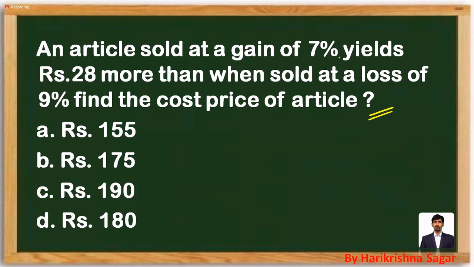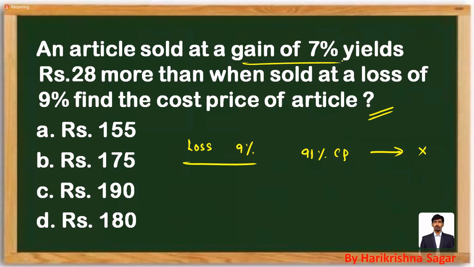Article is sold at a gain of 7%, yields 28 rupees more than sold at a loss of 9%. If you are selling at a loss of 9%, what is the meaning of loss of 9%? It is 91% of the cost price, right? So that price we don't know, let's assume it as X rupees.